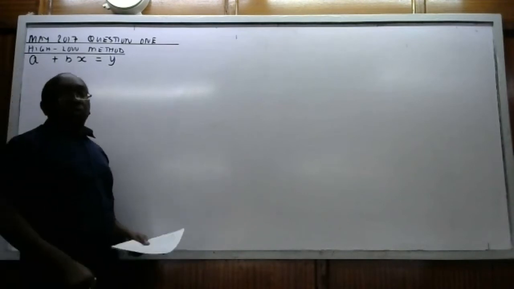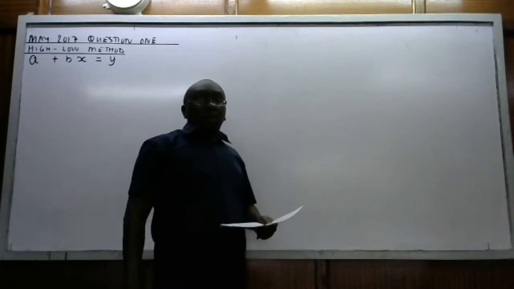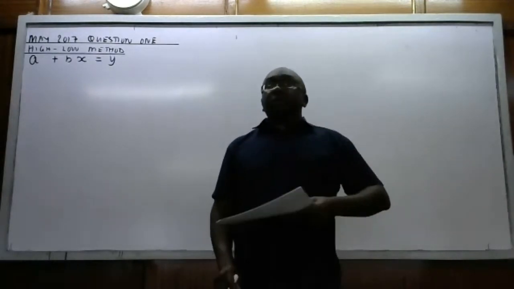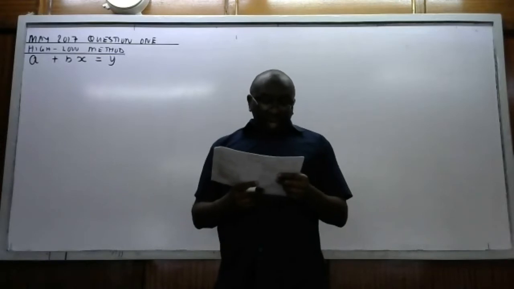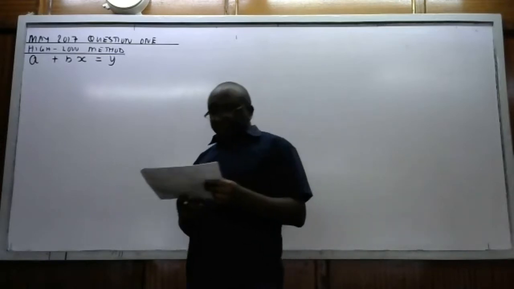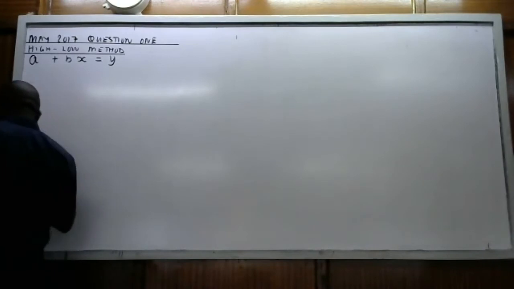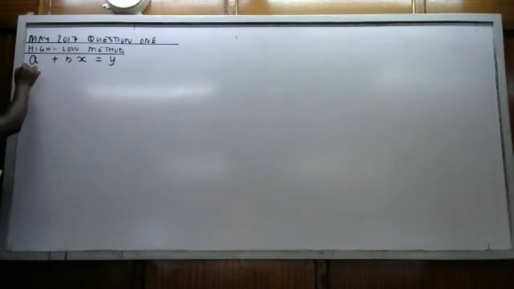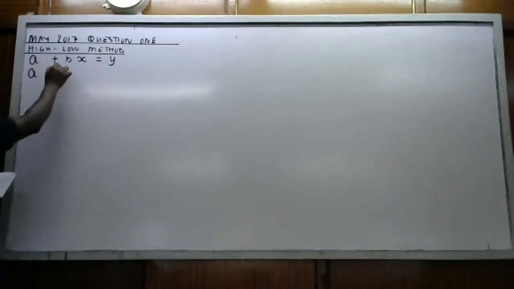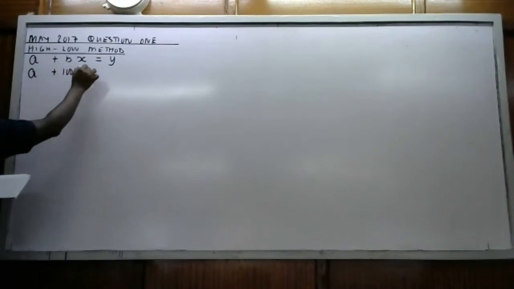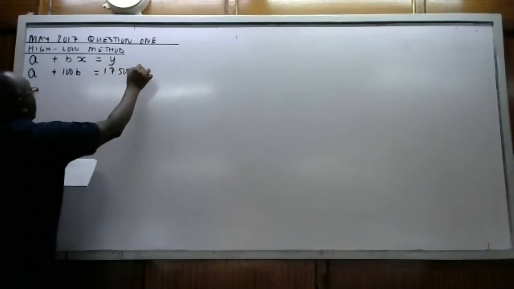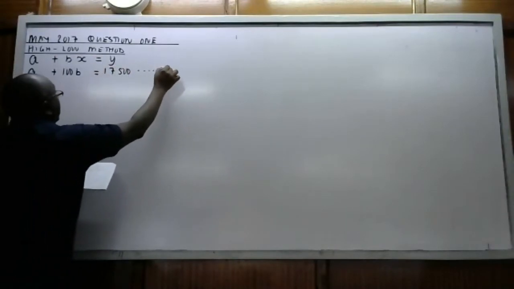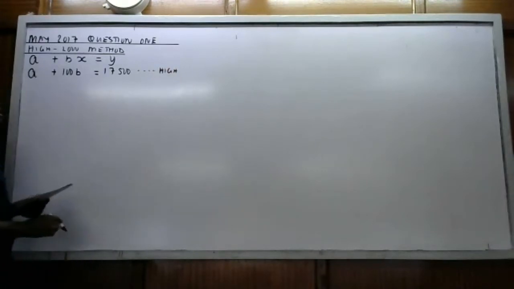Then you go to the units or the hours, whatever is the case, you pick the highest. The highest, as you can clearly see, is 100. So you will say it is A plus 100B, and the cost is 17,500, and this is the high or the highest.